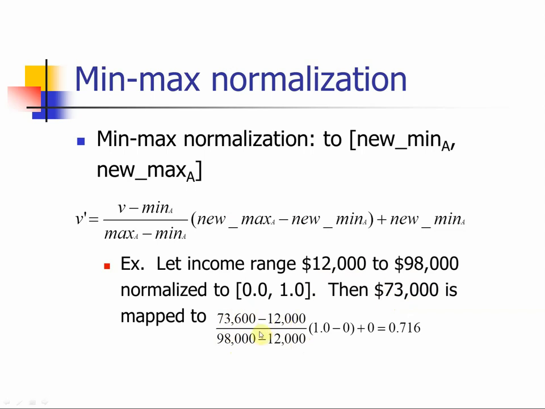That equals 0.716, so the range is between 0 and 1. Like I said, if you don't want the range between 0 and 1, you change this part by using the new maximum value here and new minimum value here, plus the new minimum value. That gives you very well normalized values.